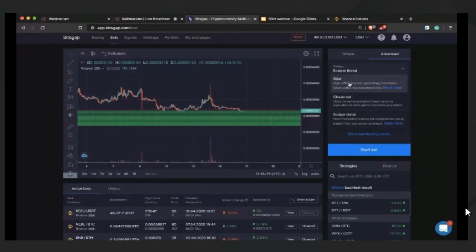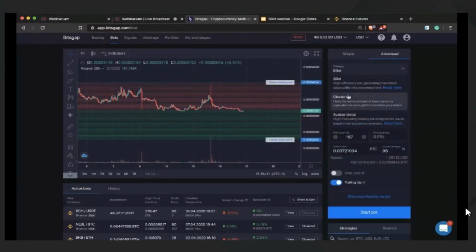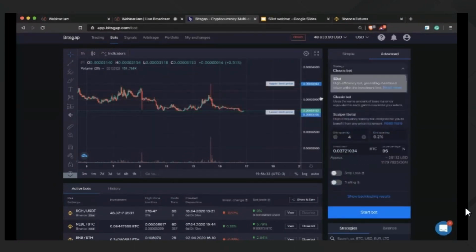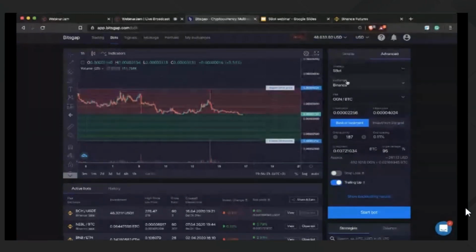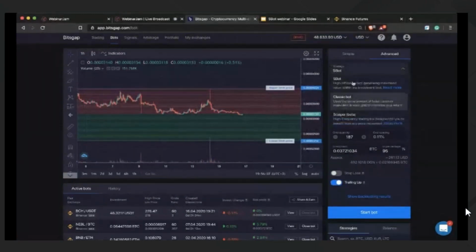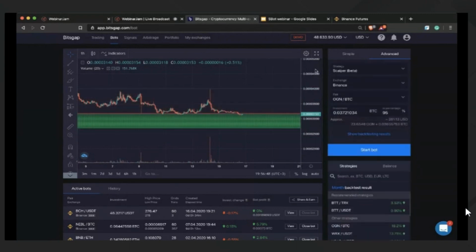Today in this webinar, I will mostly focus on the Sbot and the classic bot because I mostly use them. And the Scalper, as you can see, is currently at the beta stage, so we are still testing it. It would be great, guys, if you would also test it and share your ideas regarding possible improvements, maybe some useful use cases.